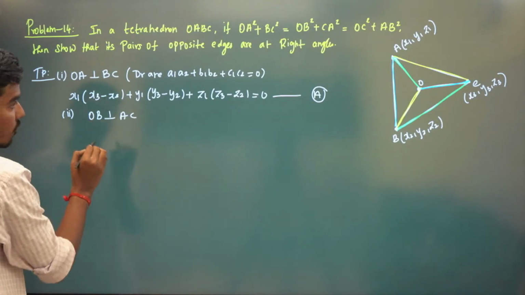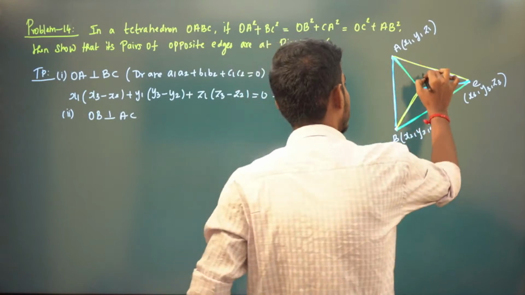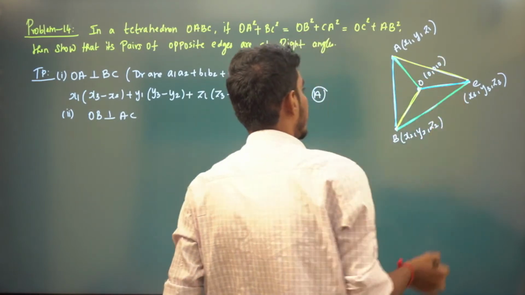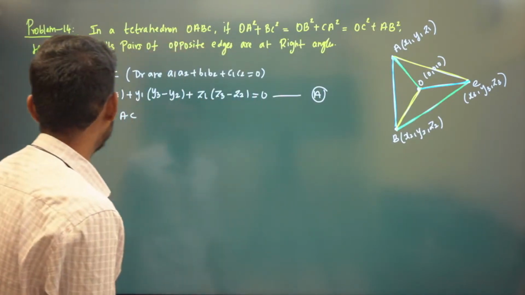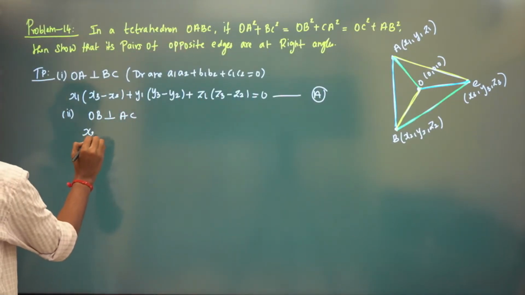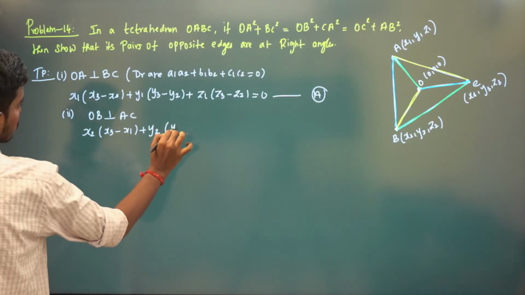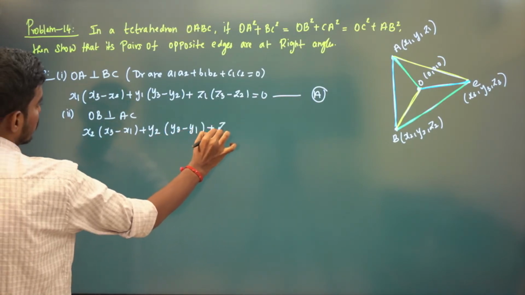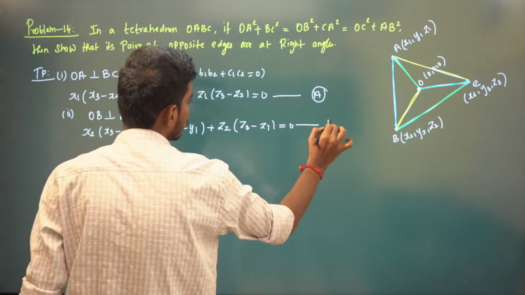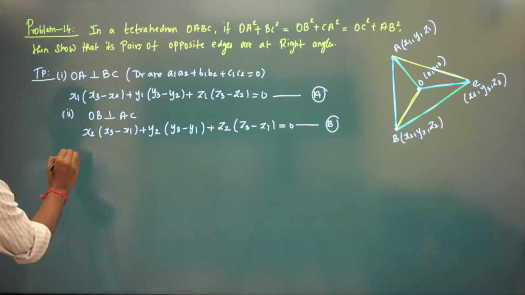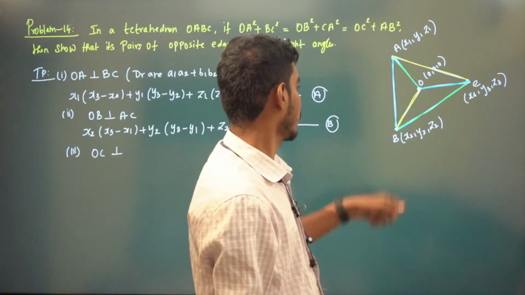The direction ratio of OB is x2, y2, z2, since O is 0, 0, 0. And the direction ratio of AC is x3 minus x1. So we have x2 (x3 minus x1) plus y2 (y3 minus y1) plus z2 (z3 minus z1) is 0. This is the second thing we need to prove. And the third thing we need to prove is OC is perpendicular to AB.